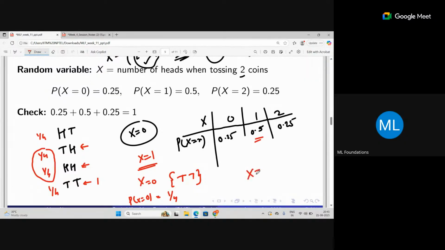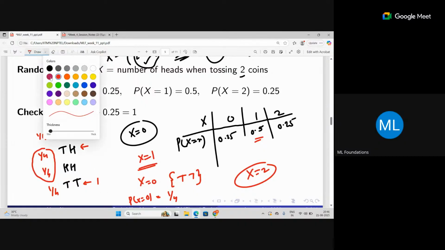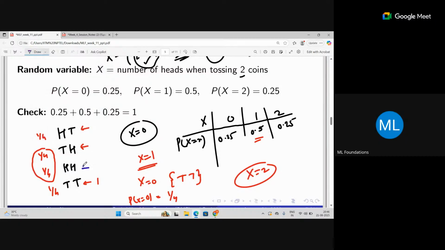What is x equal to 2? Number of heads equal to 2. Oh, sorry, I think I did it wrong there previously. Now only this event has two heads. So what is the probability of getting this event? 1 by 4. And how does this 1 by 4 come about?